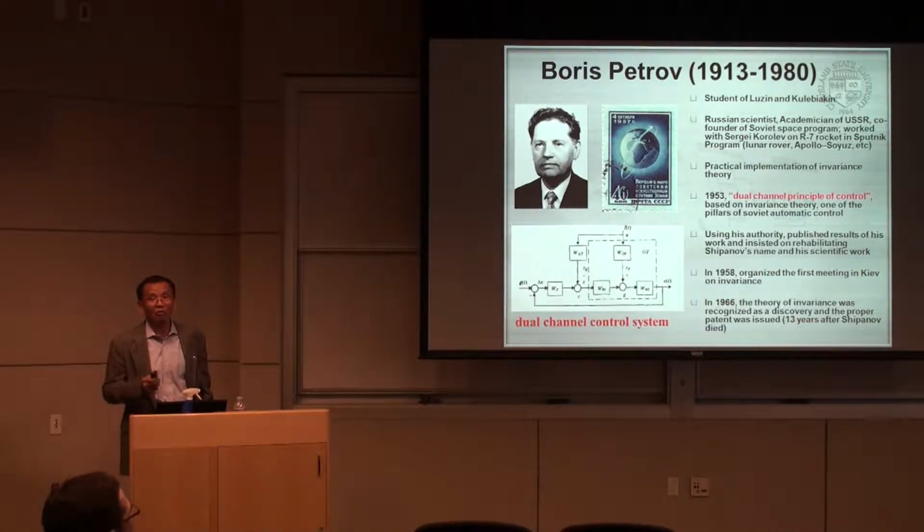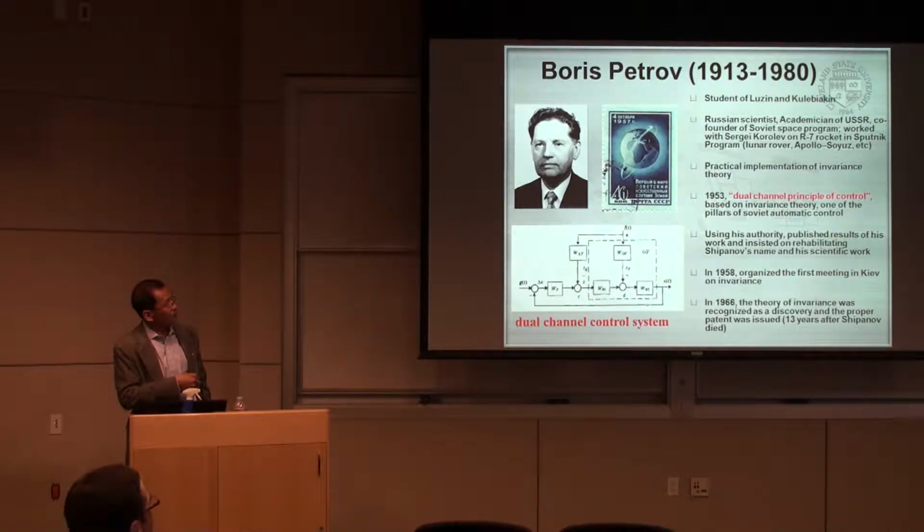He was a rocket scientist. He put it to use. He coined the term dual channel control system, where, following the lead of Poncelet, he measured disturbance. This is the second channel. This is a regular feedback channel. In the second channel, he measured disturbance and result.